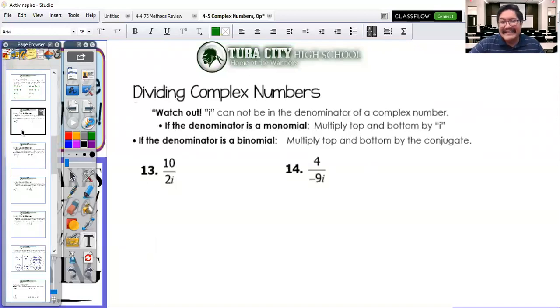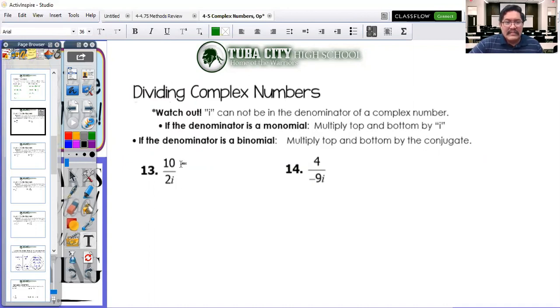So this means i cannot be in the bottom number. If the denominator is a monomial, multiply the top and the bottom by i. If the denominator is a binomial, multiply top and bottom by the conjugate. That's why we had the conjugate covered in the last slide, because sometimes you need that conjugate.